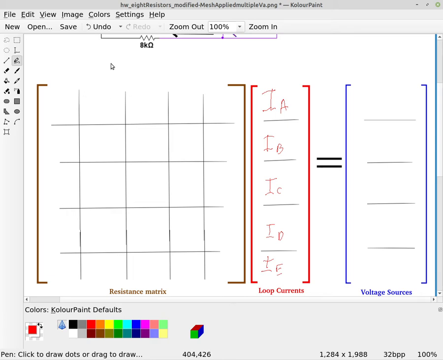So when we start analyzing our resistance matrix, I've already kind of laid this out.